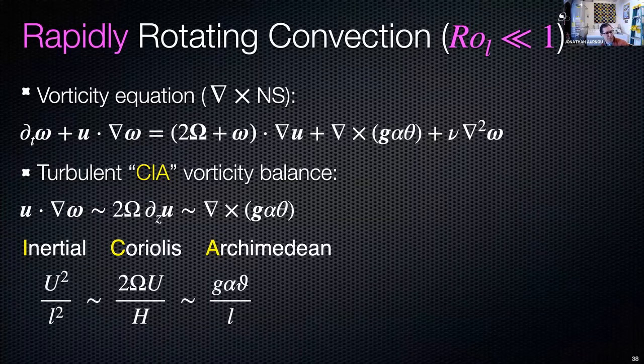Okay, so scaling these 3 terms, we then have U squared over local L squared for the inertial term. Coriolis is 2 omega over the larger scale H. So there's a large scale vortex stretching of the background vorticity. And then we have the buoyancy torque, again, on the scale of the convection, so on this scale L.